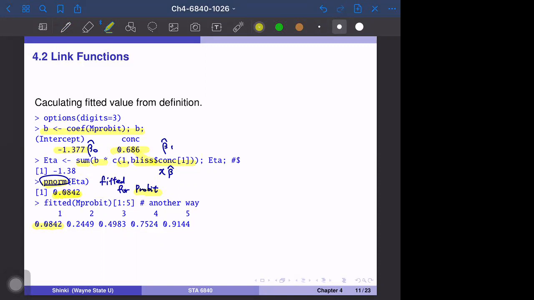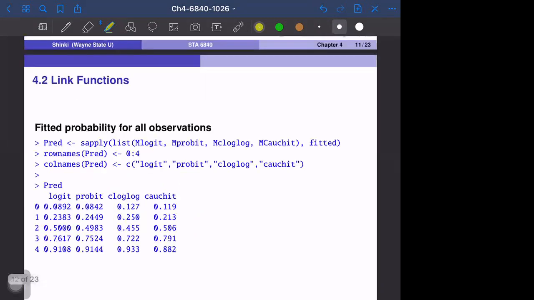Another way to calculate is just to use the fitted function. Also, we can use the predict function. Then we get the probability for all 5 observations. The first observation coincides with this calculation.